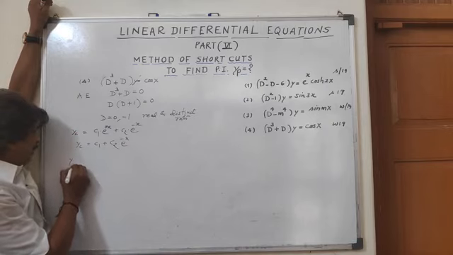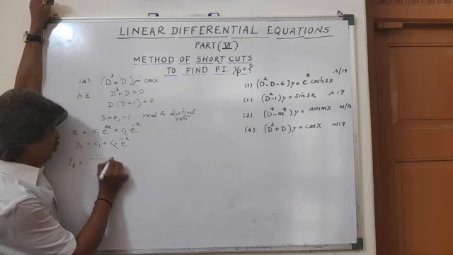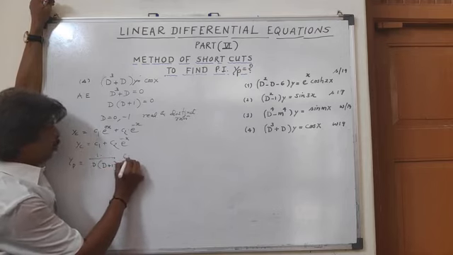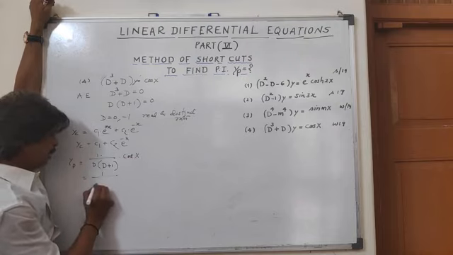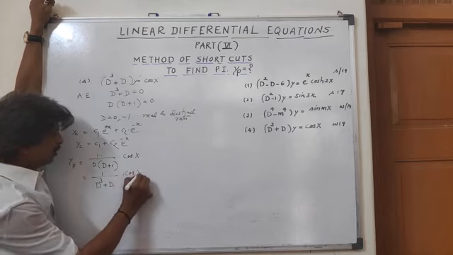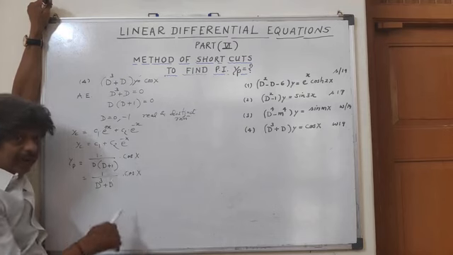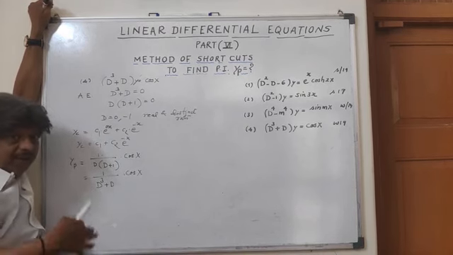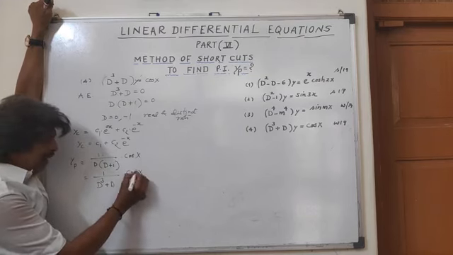Now yp is equal to, the formula is 1 upon f of d, 1 upon d into d square plus 1 into cos of x, or it is 1 upon d cube plus d cos of x. I told you the trigonometric function sine of x or cos of x is operated on d square only. So here a is 1.